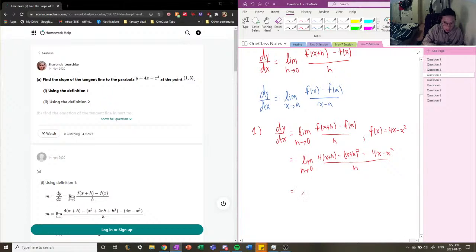That's equal to the limit as h approaches 0 of 4x plus 4h minus x squared minus 2xh minus h squared, minus 4x minus x squared, divided by h.